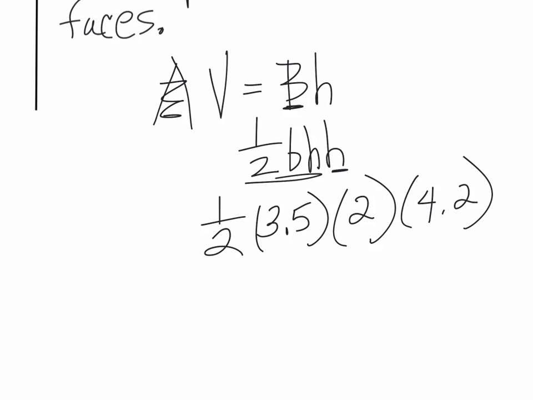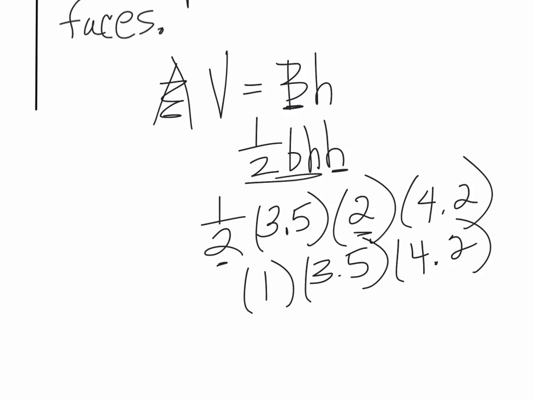Is there any number there that you can get half of easily? Yes, half of 2. Half of 2 is 1. 1 times 3 5/10 times 4 2/10. Well, 1 times anything is itself, so you have 3 5/10 times 4 2/10.